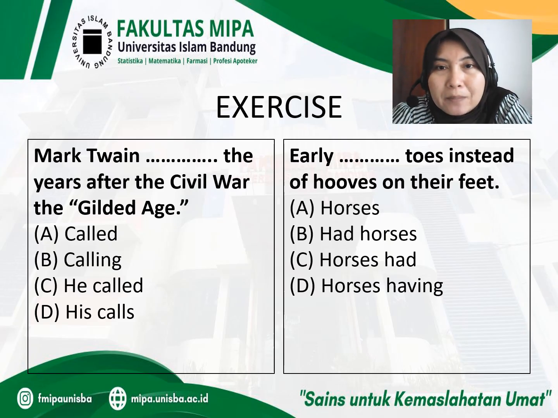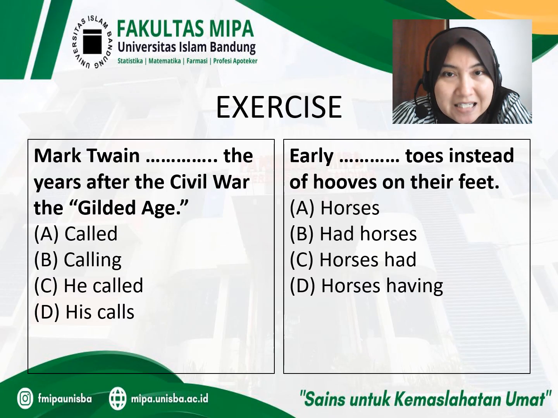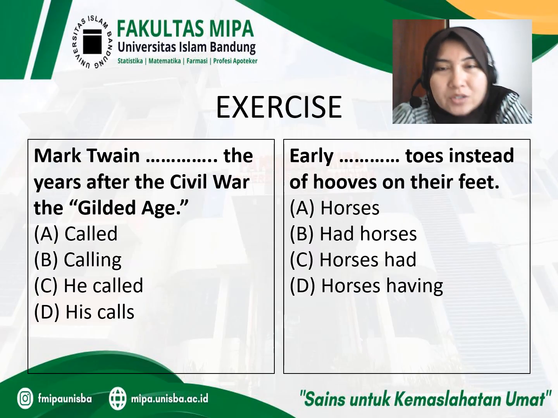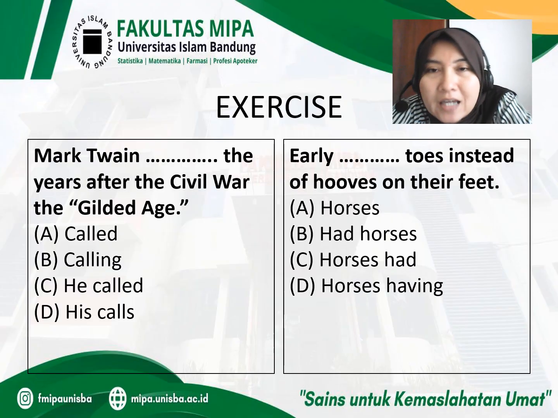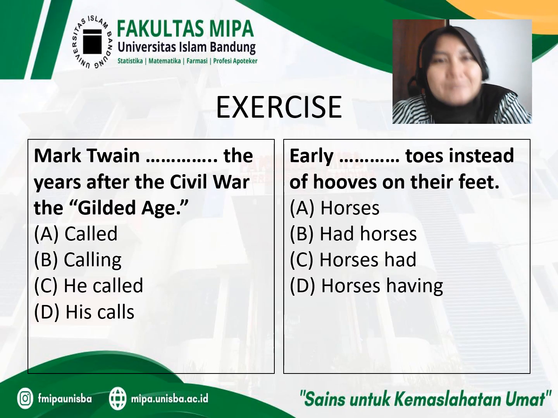Let's check option B, head horses. Head horses has a subject and a verb, but it is in incorrect word order. So it is an incorrect answer. Let's see option D, horses having. Horses having is not a complete verb, so this is also incorrect. So let's check option C, horses had.